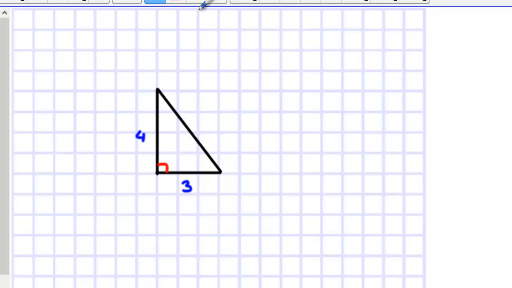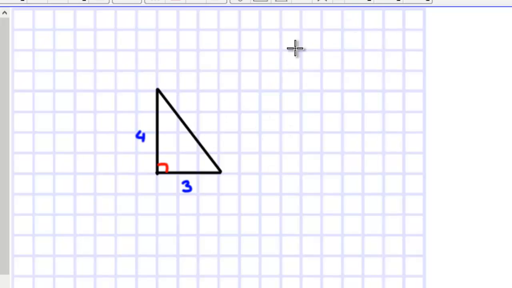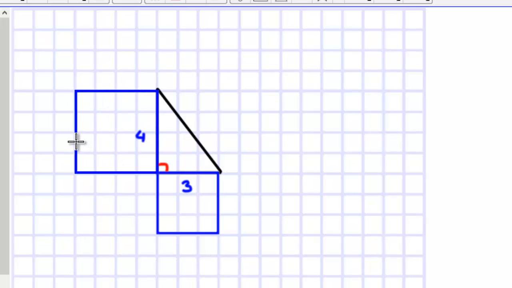What is the meaning of that? Let's say now I'm going to create a square with blue color. I need to create a square on leg 1, so 3 by 3, and I need to create another square on leg 2, 4 by 4, as you can see.